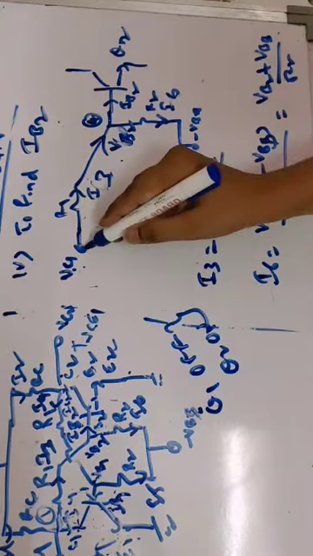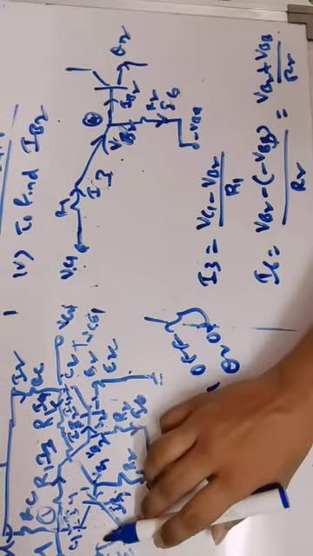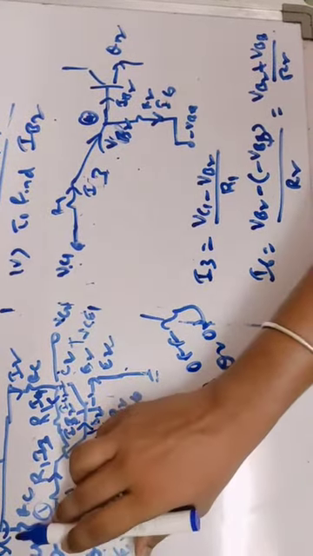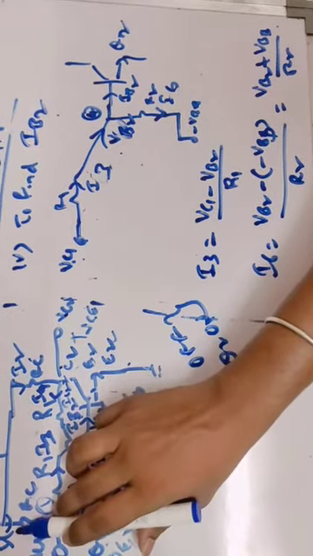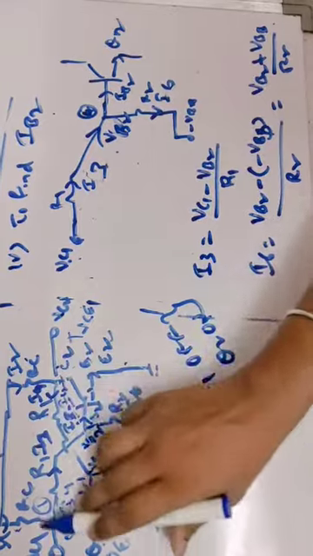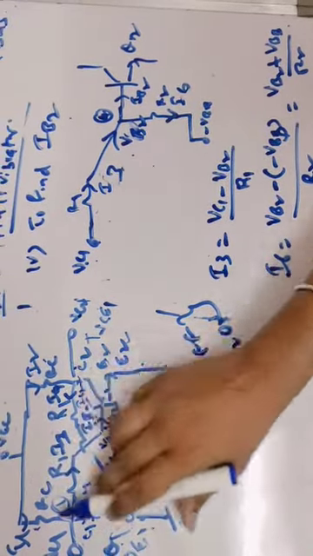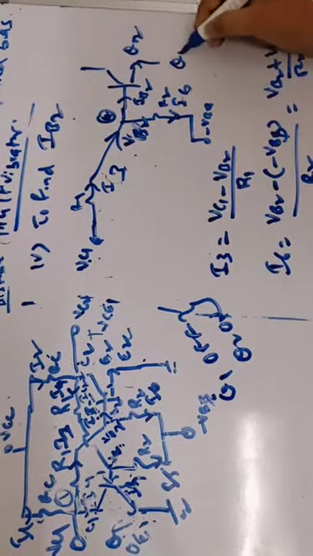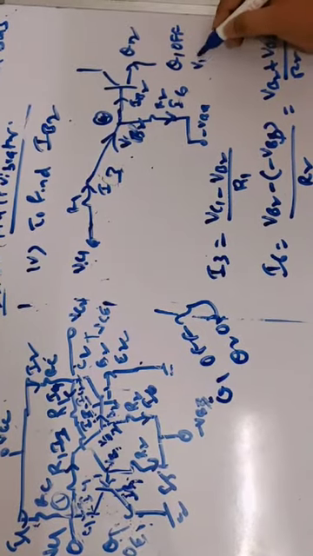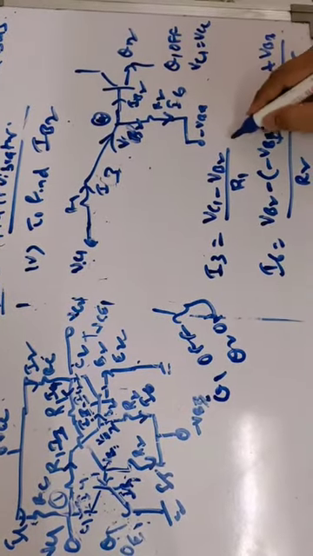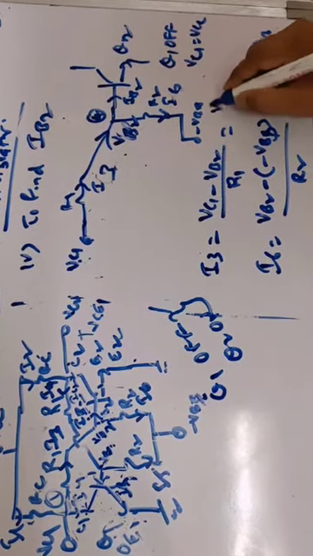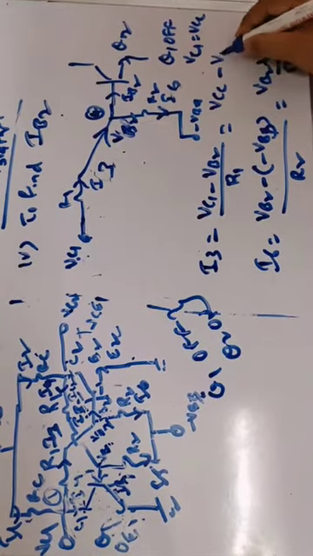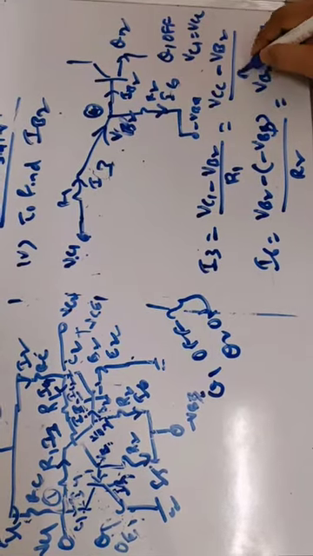As we know, transistor Q1 is in the off state. When Q1 is off, the I1 current is very small, approximately 0, and I2 current is maximum. As we discussed in the previous video, VC1 is approximately equal to VCC when Q1 is off. Ideally, we can take VC1 equal to VCC, so we can write I3 as (VCC minus VB2) divided by R1.